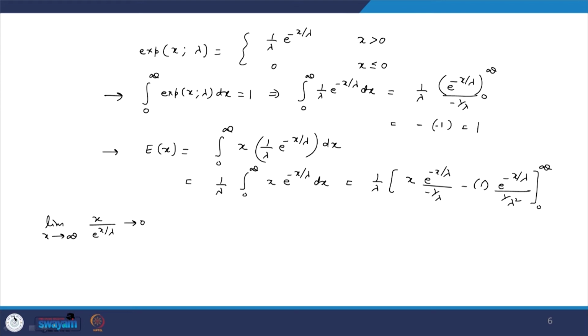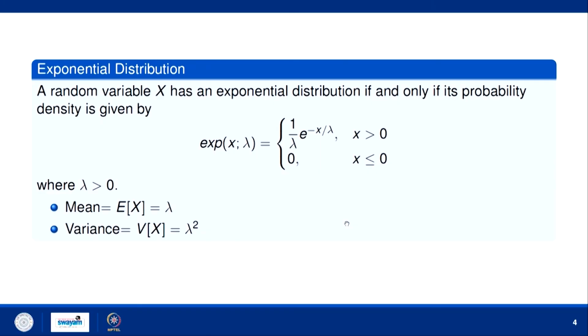At 0 it is also 0 because it is x here. At infinity, now this is what? This is minus of lambda times (at infinity it is 0 and at 0 it is 1). So, it is lambda. So, the expectation of x will be lambda. Okay. And how can we compute the variance?